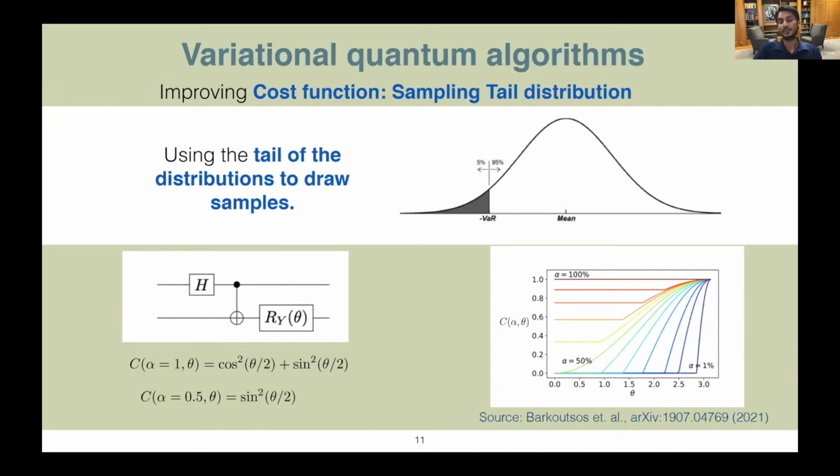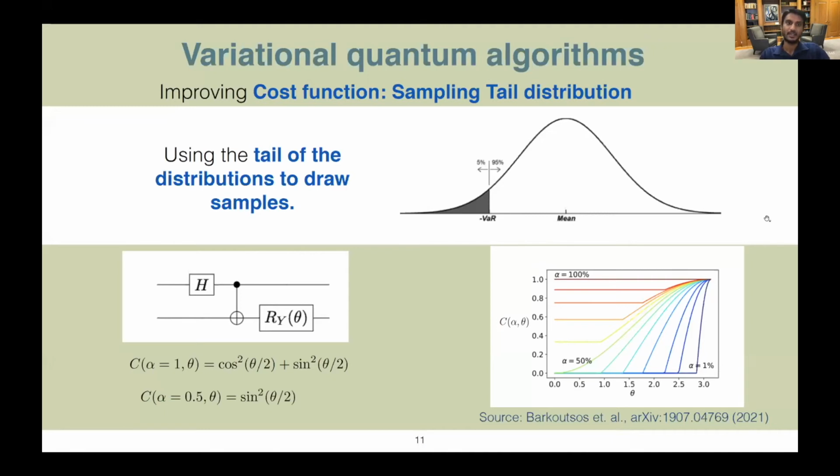Okay, so it tells us that if we use a partial distribution, then we may be able to find the local minima which were missed by looking at the whole distribution. So this is the basic idea why sampling from the tail of the distribution might work to get to the local minima faster.